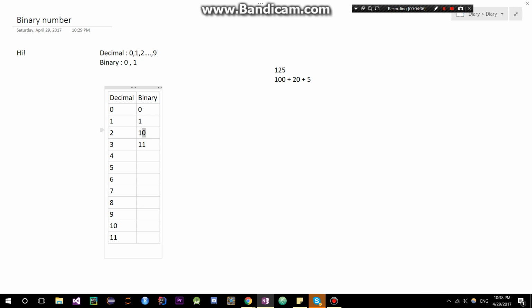Because I can make this 1. Now this 1 is full again, so the 1 becomes 0, and that means I push the 1 forward. But at the same time, I have this. So watch carefully. 11 plus 1, right?